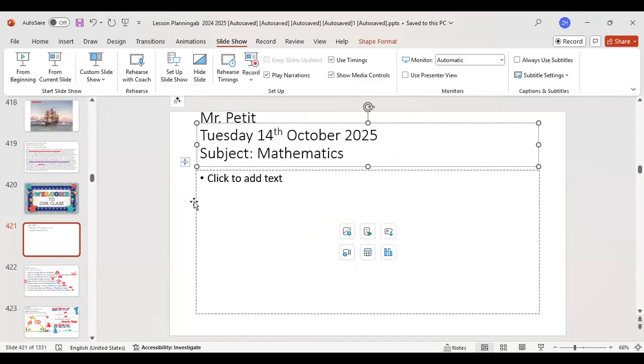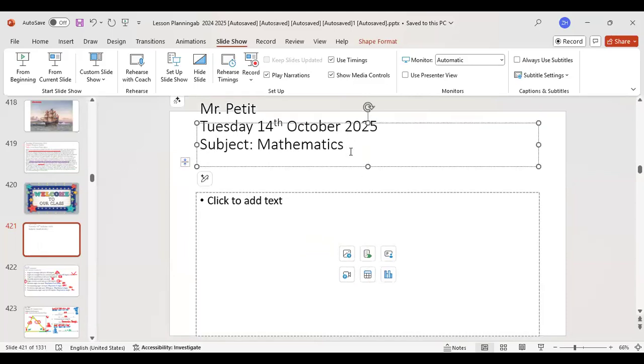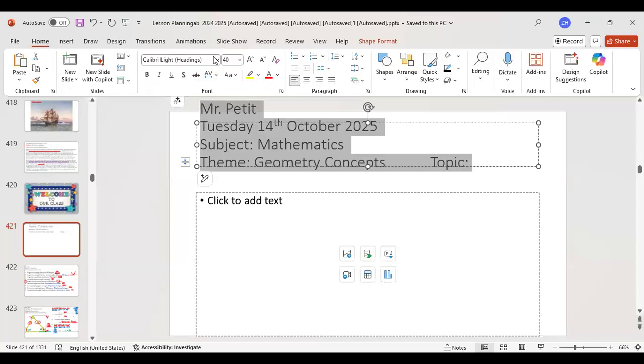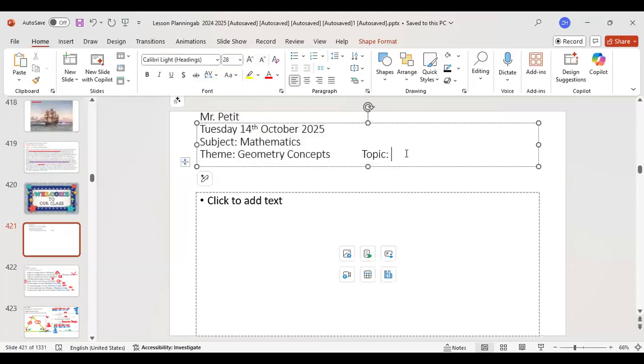And the theme is geometry concepts. And the topic is understanding key terms in geometry, or key geometrical terms.